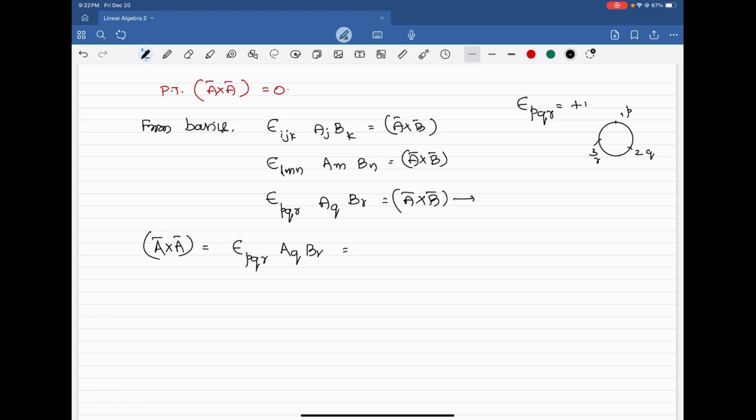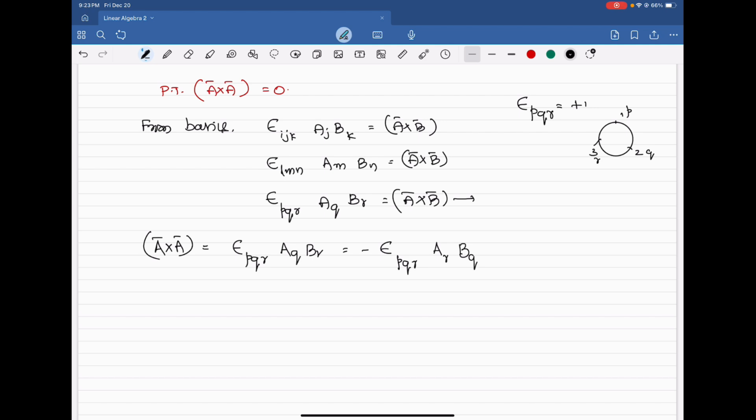That is equal to minus epsilon PQR ar bq.